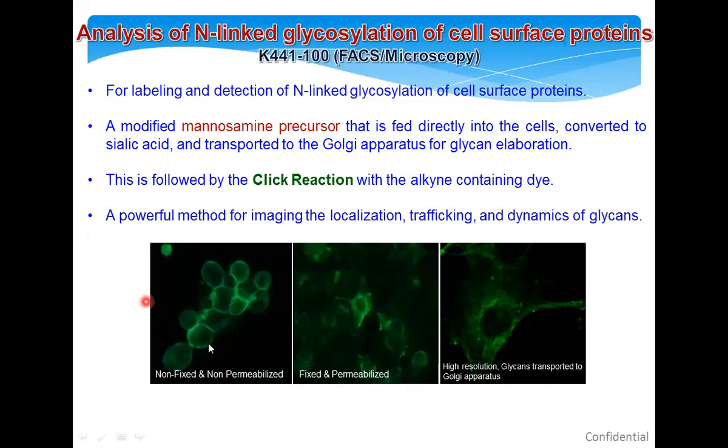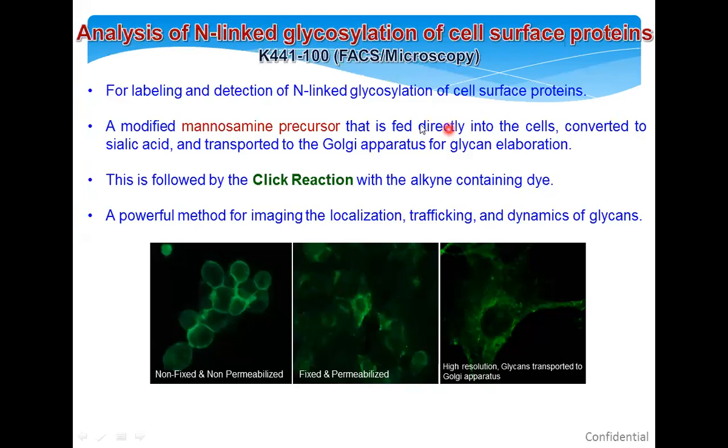Once the reaction happens, after treating the cells with the mannosamine precursor, you have the final modified glycan, and then you fix and permeabilize the cells. This is an example that is non-fixed, non-permeabilized: you see all the glycans on the surface. This is fixed and permeabilized.